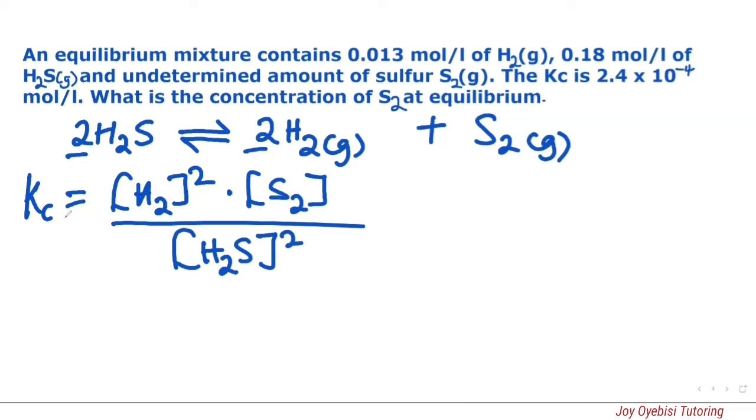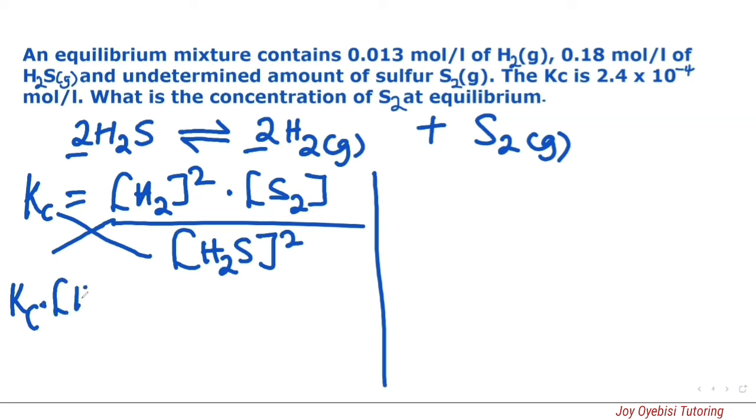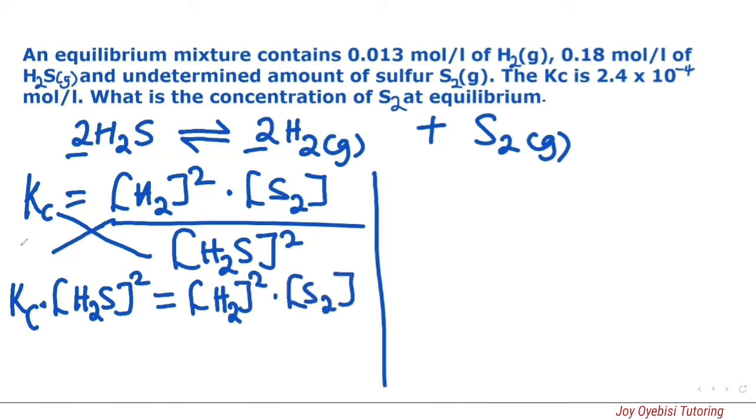Now the next thing we do is cross multiply so as to make sulfur the subject. If we do that, we're going to have Kc multiplied by H2S squared equals hydrogen squared multiplied by sulfur, assuming we just have 1 under Kc.